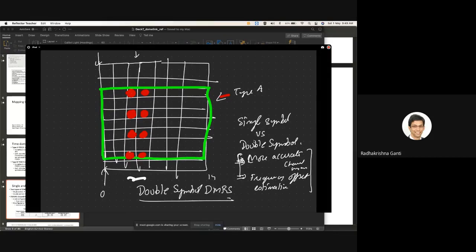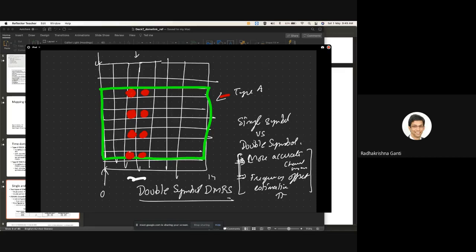Another important thing that is possible with a double symbol DMRS is you can do frequency offset estimation. Remember when we did OFDM, at the beginning of the course, one thing I told you was OFDM is very sensitive to frequency offset. Yes, frequency offset should be corrected. We saw a few ways of correcting the frequency offset. One is CP-based correlation and finding out the frequency offset.